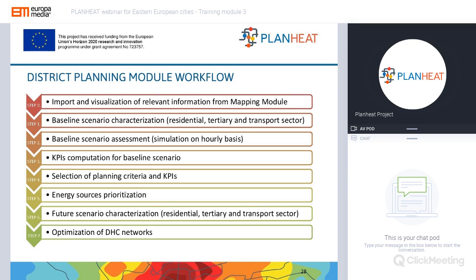And the baseline scenario on an hourly basis can be assessed. KPIs are computed in the meantime for the baseline scenario, and the planning criteria and the KPIs are selected. On the fifth step, energy sources can be prioritized by the user, and the future scenarios are characterized. That will lead to the optimization of the district heating and cooling networks after all.